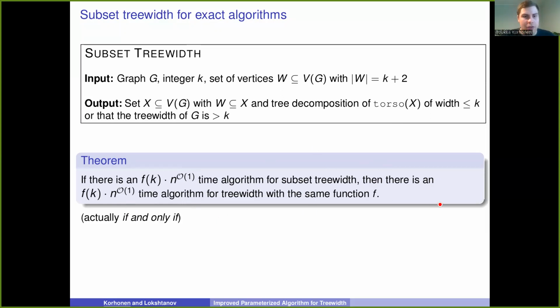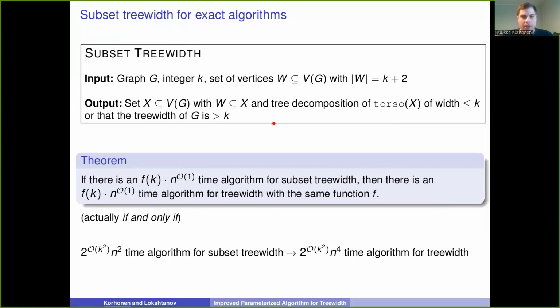And this is actually if and only if, because of some technicalities in the definition.